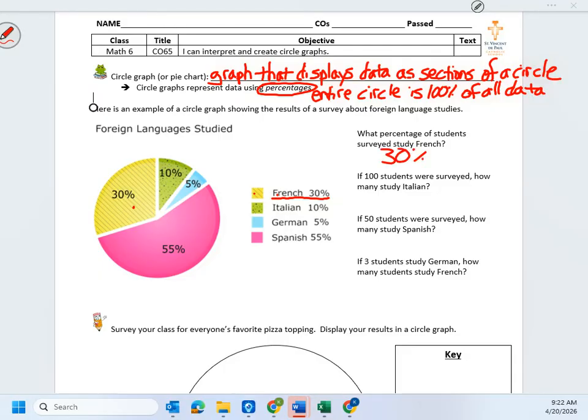If 100 students were surveyed, how many study Italian? We can see Italian's that green, 10% studied Italian. How many would that be if there's 100 students? What is 10% of 100?